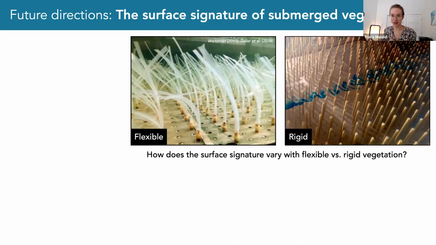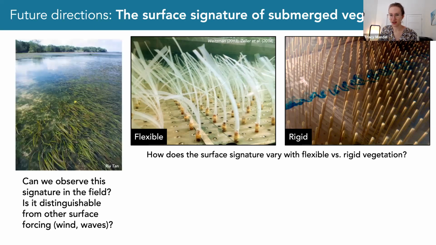In my PhD, I used very idealized model vegetation, just some wooden dowels, but you can construct vegetation that will wave, that will bend within the flow. And so we want to know, is there still as strong a signal? Is there still as strong a predictive relationship between the free surface and interior measurements?